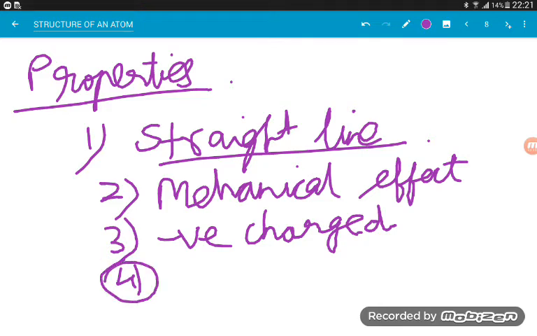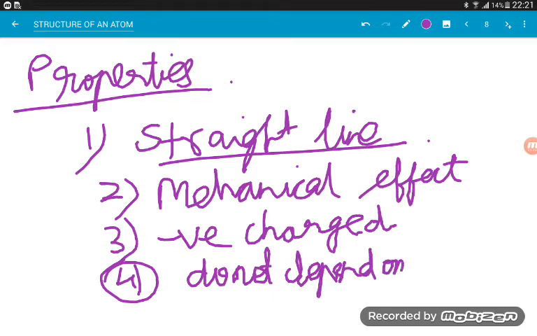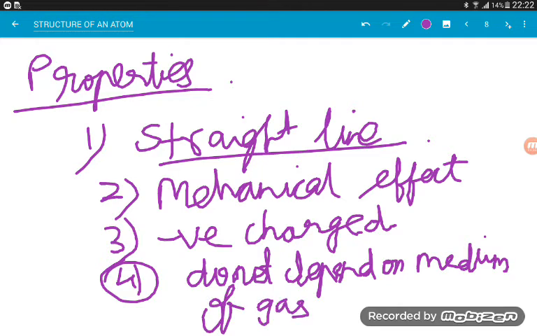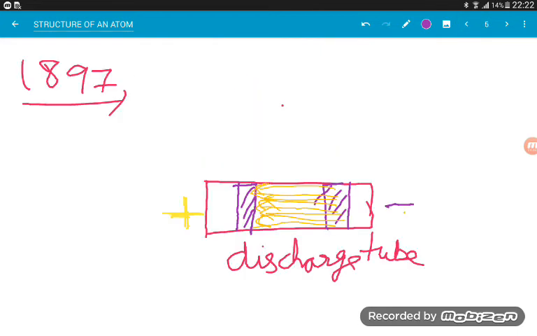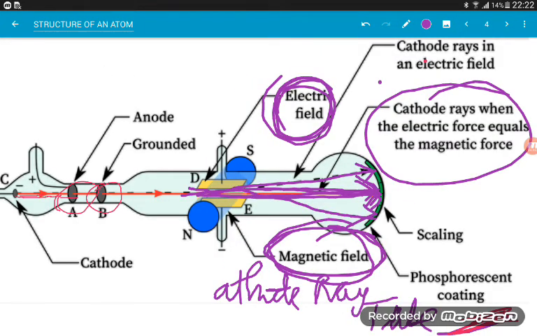The fourth property of cathode rays is that they do not depend on the medium of gas. So let me discuss this point a bit briefly, right? Let me clear this off.